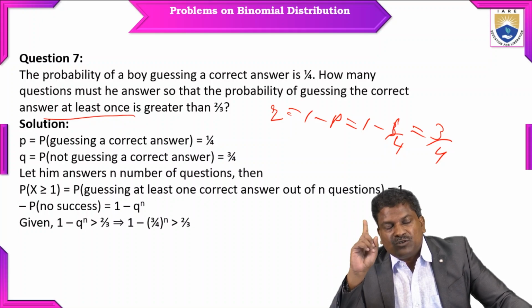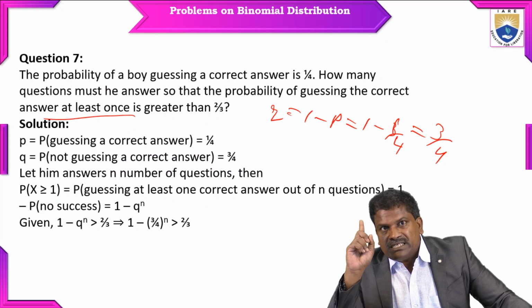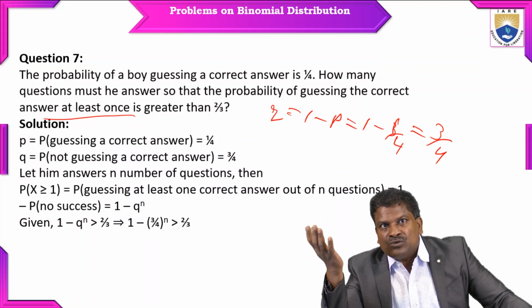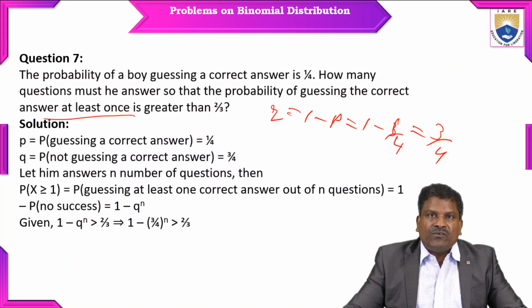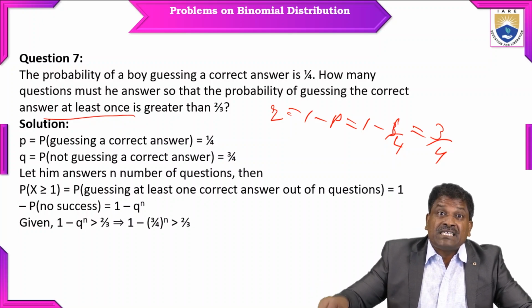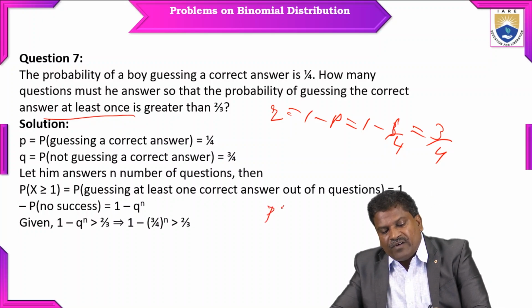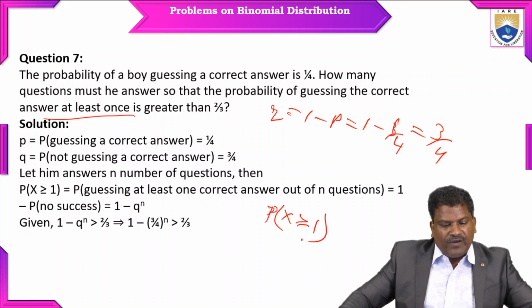So minimum one time should be there. After that he can go for other numbers also. Then what we have to find here in our terminology, P of x greater than or equal to 1.